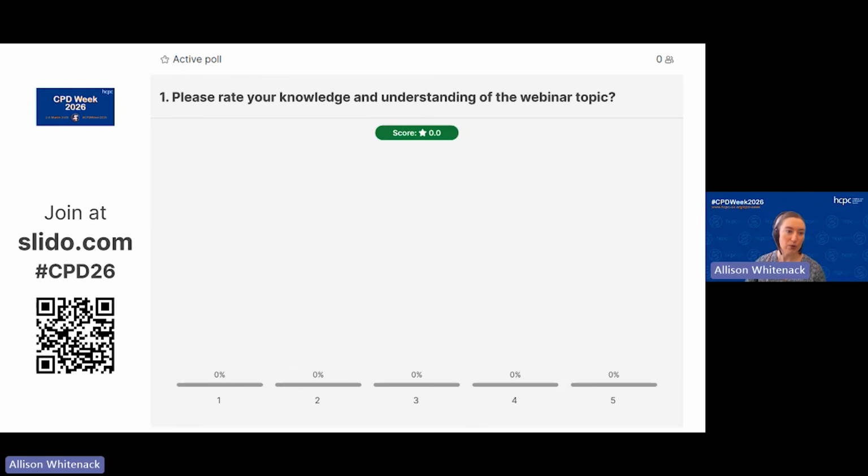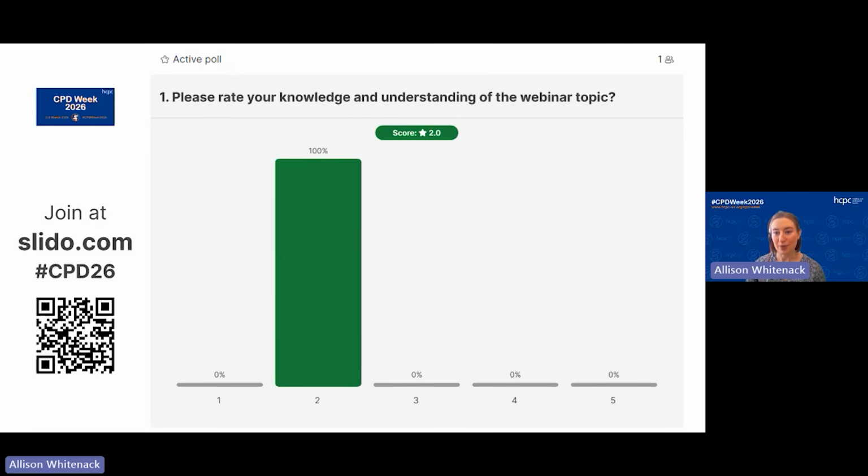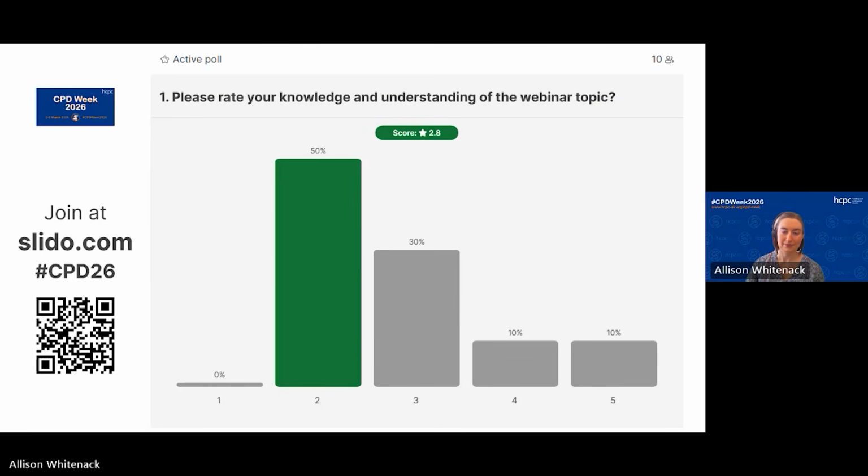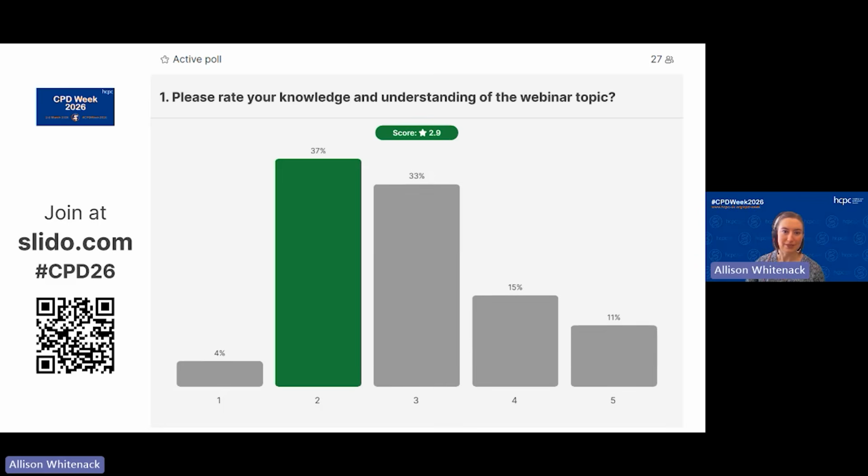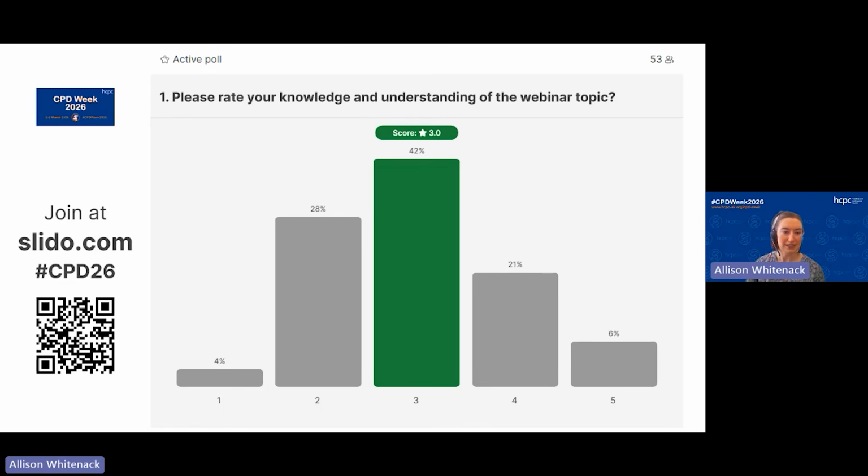So here is our first Slido question for the day. If you could scan this QR code, or again, in a separate browser, go to slido.com and enter this code that you see here, and rate your knowledge and understanding of the webinar topic. Of course, the webinar topic today is EDI and your practice. So we'll just give folks a few minutes to rate that on a scale of 1 to 5. All right, we're getting some good votes in now.